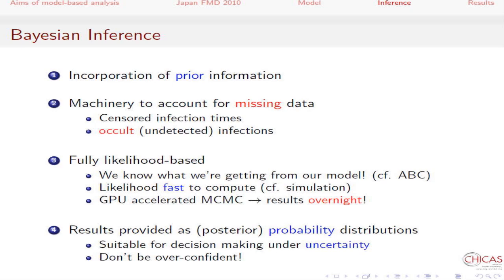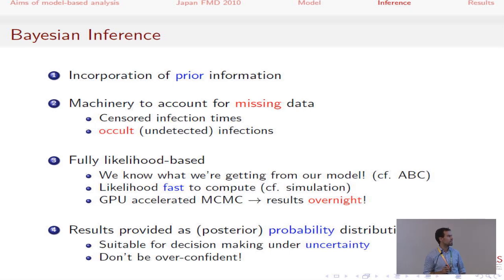So on the day-to-day management of an epidemic, I think one can consider this real-time analysis, conditional on the data coming. The results are then provided as probability distributions which encapsulate uncertainty and, as we'll show, make them extremely suitable for decision-making under uncertainty.